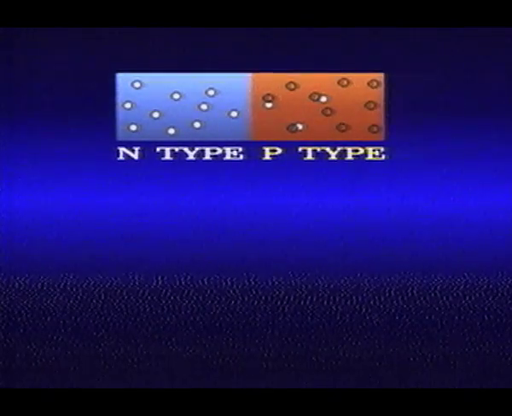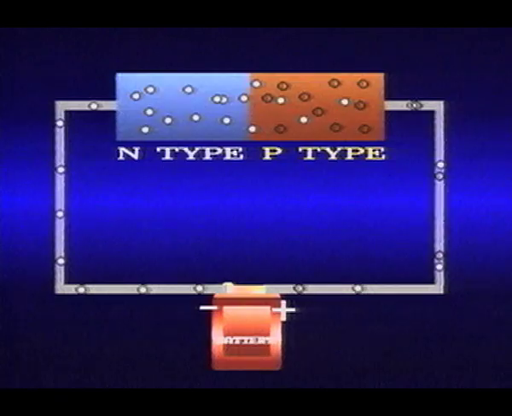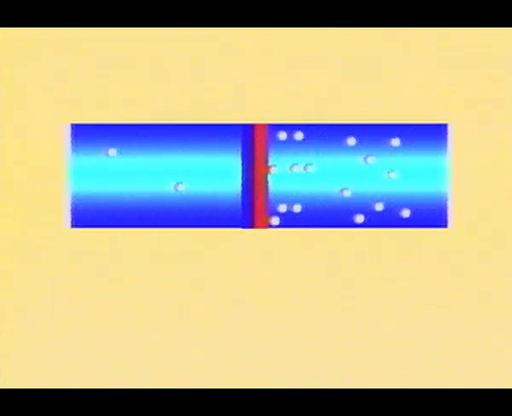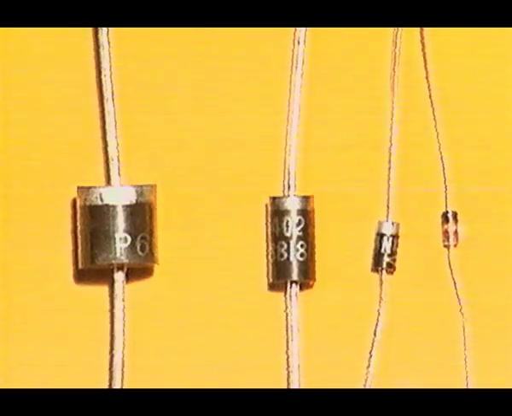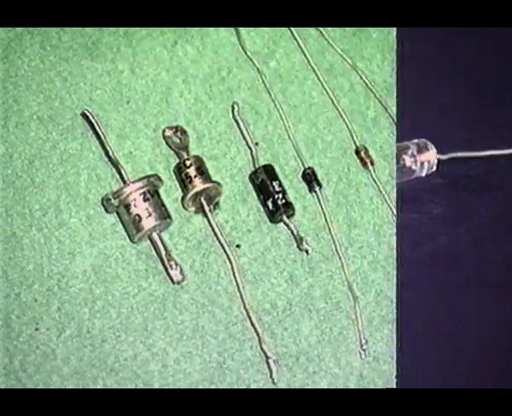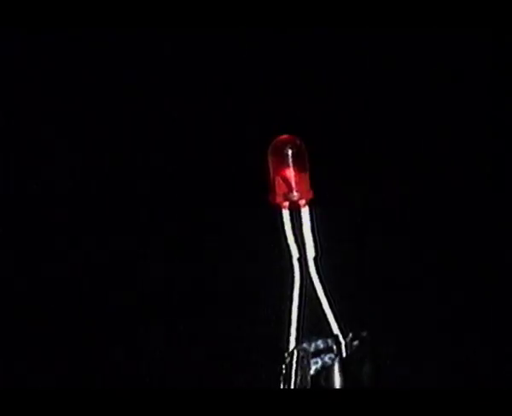A diode is on one side P-type and the other side N-type semiconductor. Diodes conduct electricity in one direction only. They are therefore used to rectify AC into DC. There are different types of diodes: power diodes, point contact diodes, Zener diodes, varactors, light emitting diodes.